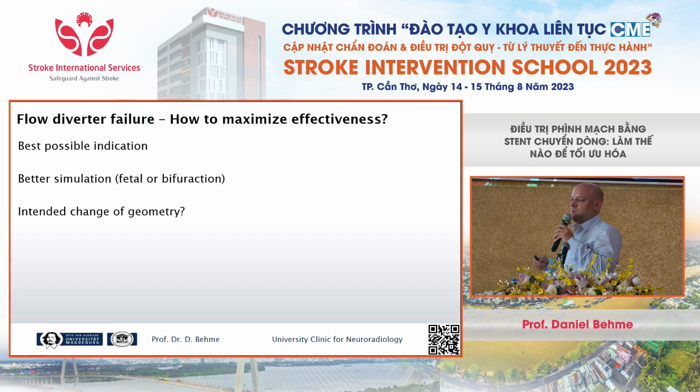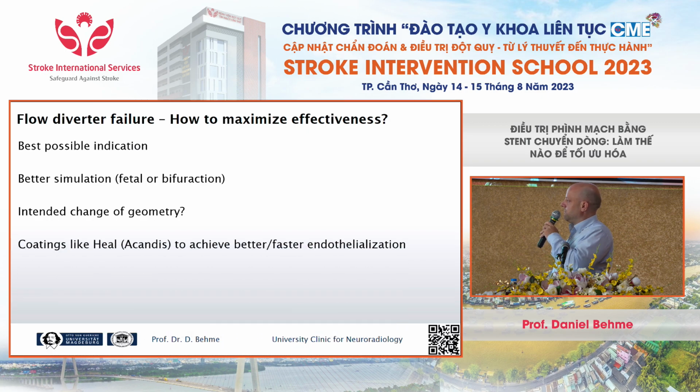You may use certain types of flow diverters for intended straightening of the vessel and enhance occlusion rates with this. And of course, as I told you before, we are waiting for study data. Maybe next year we're going to see the first good data coming. Coatings will also have an impact on what we're doing, and may also impact the occlusion rates. There's certainly other stuff, and I think we can discuss that.